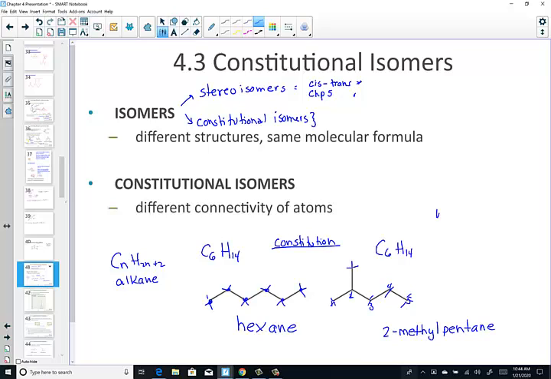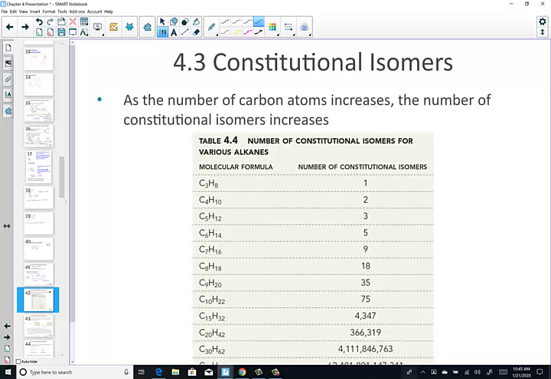Constitutional isomers share the same molecular formula, but they connect their atoms in a different order, leading to a unique name for the structures. As the number of carbons in this structure increases, the number of constitutional isomers skyrockets quickly.